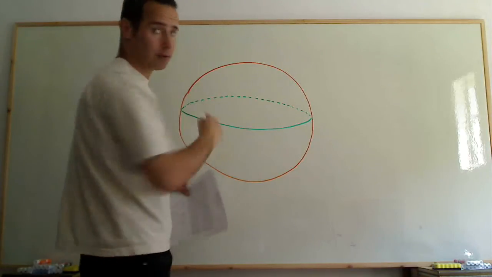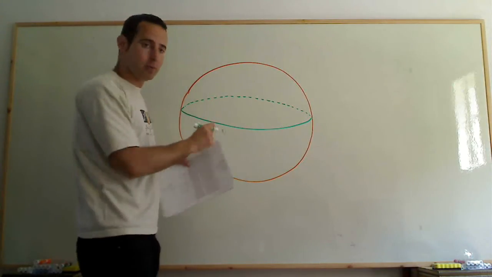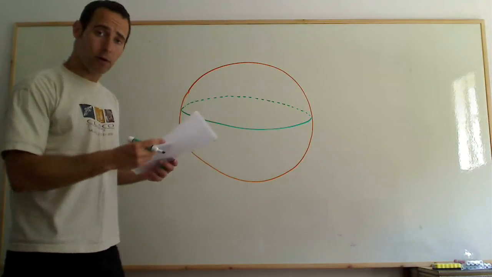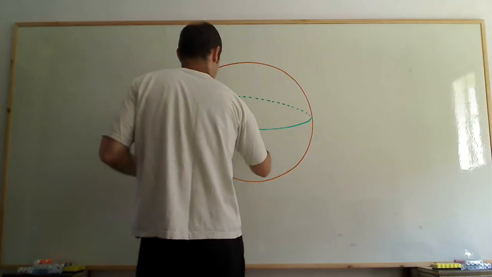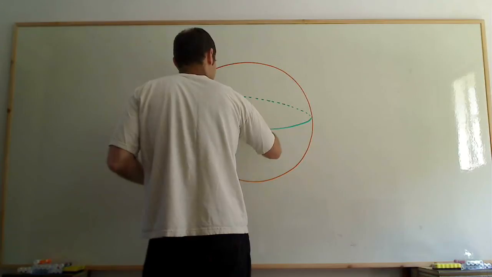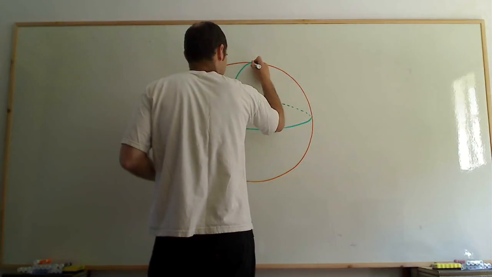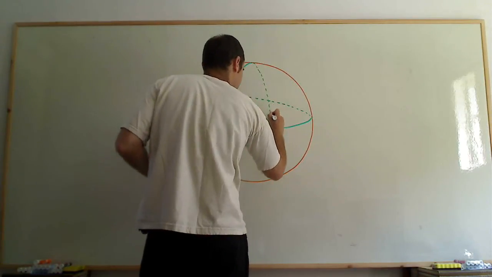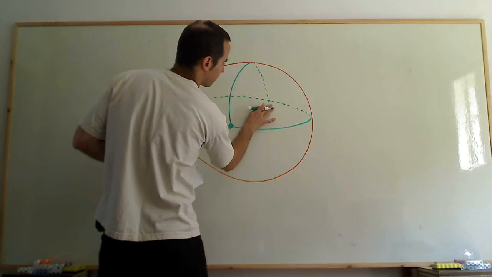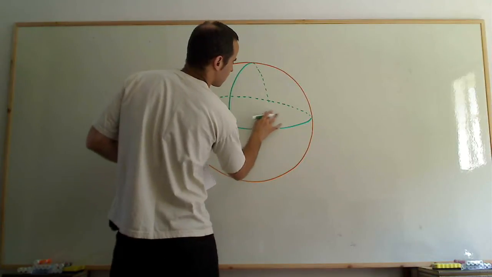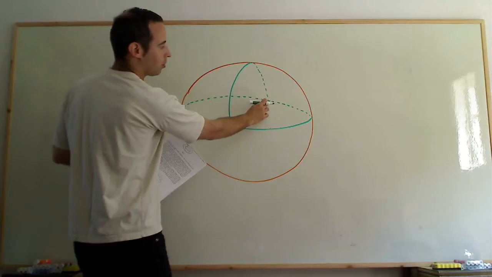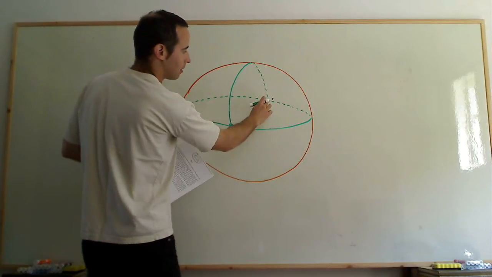Like the equator goes around the earth, so we tie a rope, one rope around here, and another rope we tie to here, and make it go until it meets the rope in the other side.